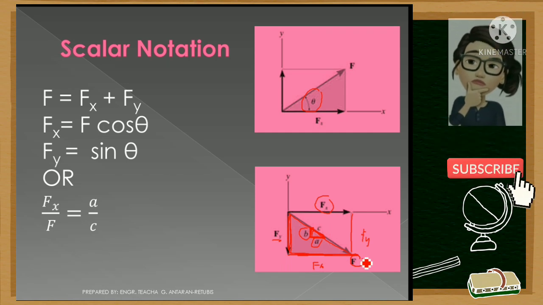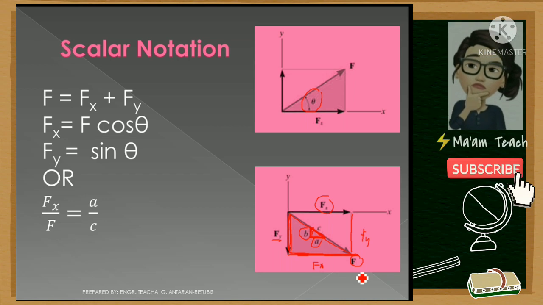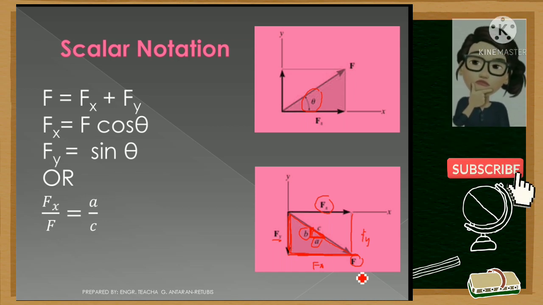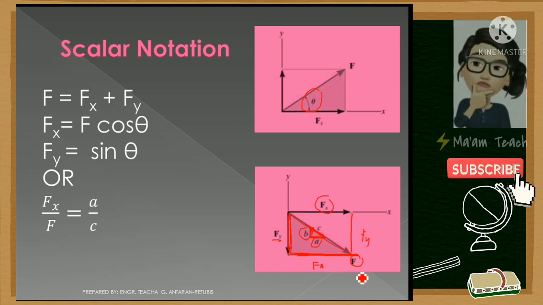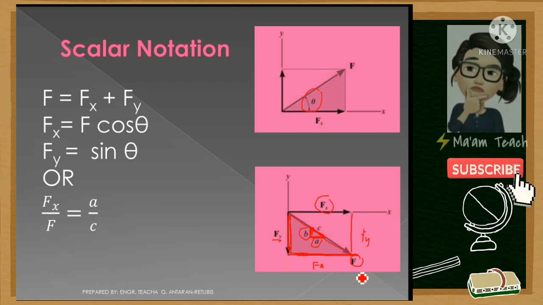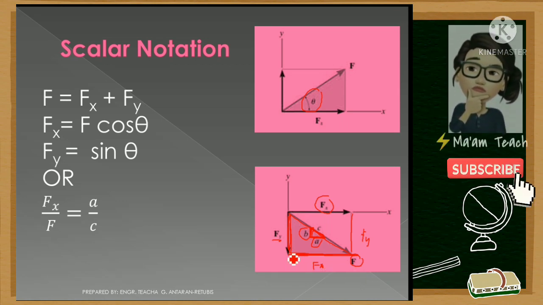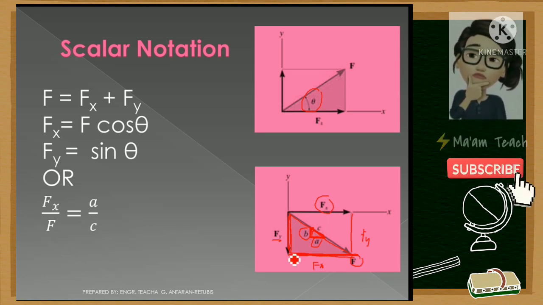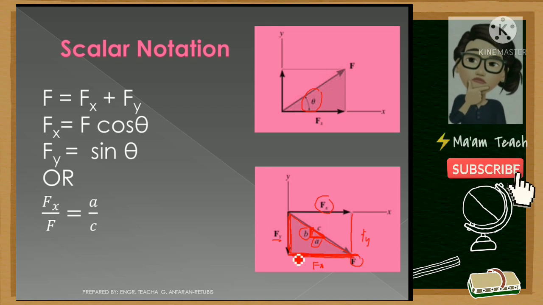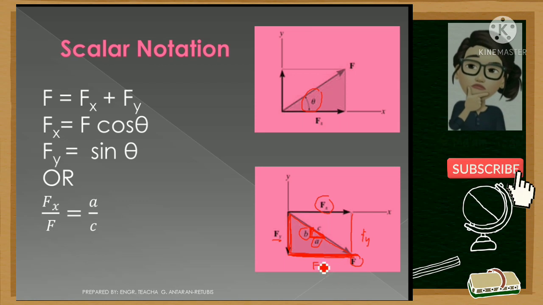Now your target is f of x. Your target is f of x. So we will be using the similar triangles. To do that, you focus on this side. This is the adjacent side of your right triangle, so f of x.